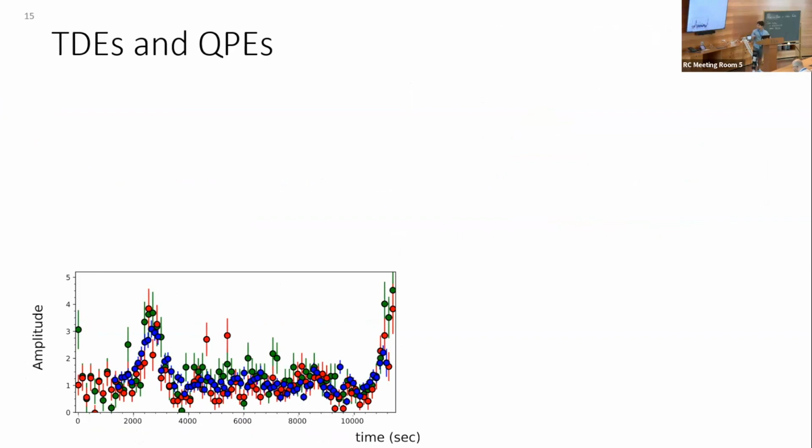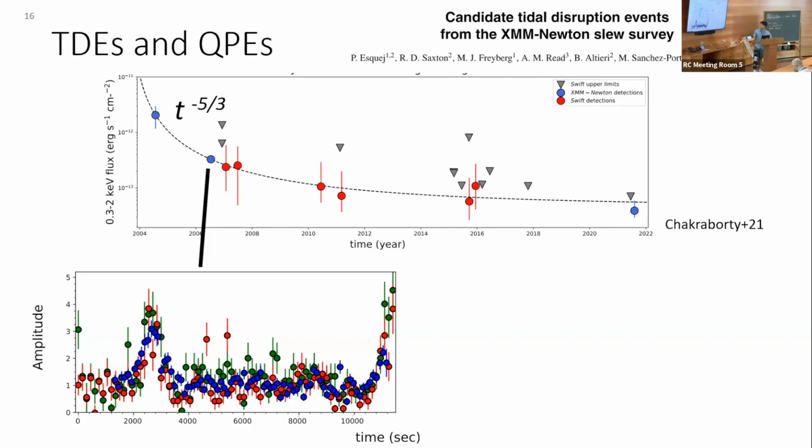And then, like I mentioned earlier, we carried out a blind search of the whole XMM archive to try to find more QPE candidates. This candidate was found directly from the short-term light curve. And then when we tried to find more archival information on it, it turned out that it was also a published TDE candidate, which was a surprising and interesting result.